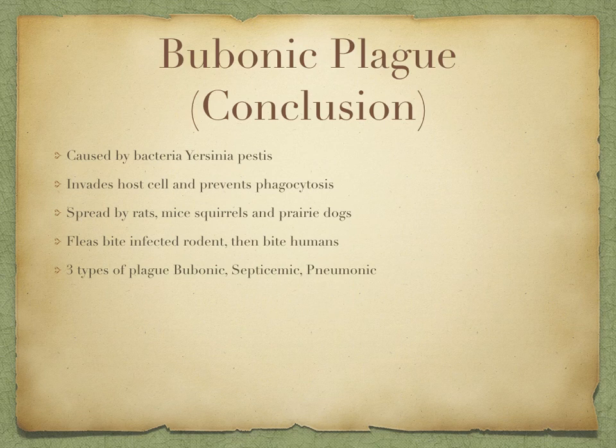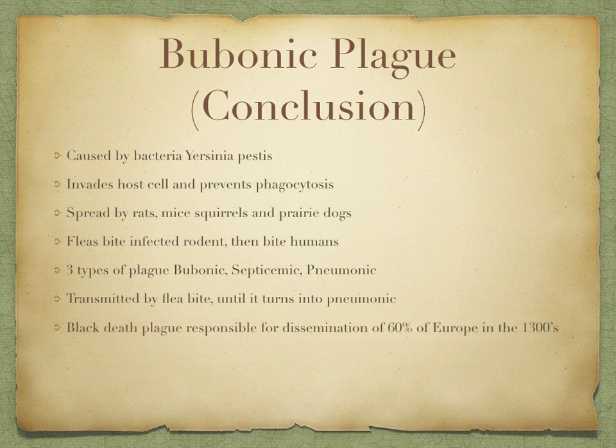There are 3 types of plague: bubonic, septicemic, and pneumonic. It's transmitted by the flea bite primarily, but it can be transmitted through coughing and through sort of like the fluids that come out of your lungs when you cough if it turns pneumonic.